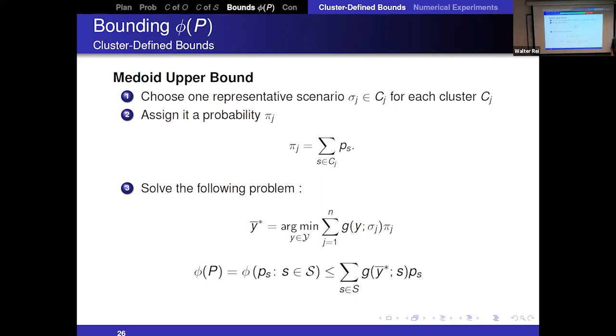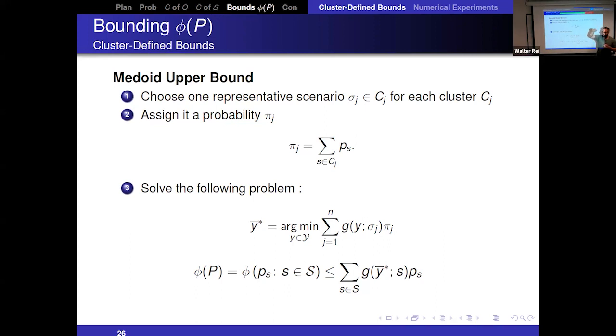Okay, so now the bounds. The bounds are fairly simple. The first one is kind of an elected approach, right? So you basically go through the clustering analysis steps and get the clusters. Once you have the clusters, you nominate one representative, the medoid, the one closest to all other elements within the cluster. So this is kind of reducing the number of scenarios, right?